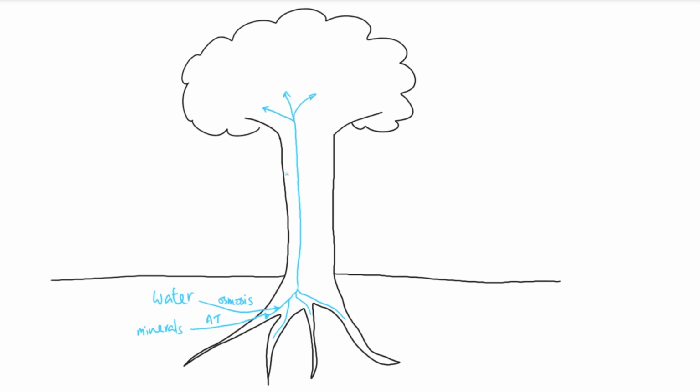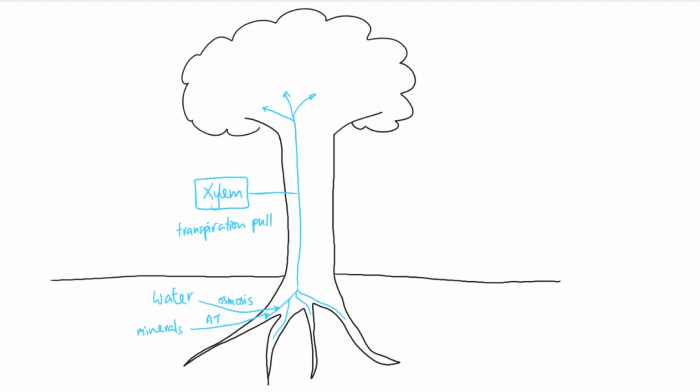So this is called the xylem, which is the vessel that transports water and mineral ions up the plant. Now this particular process is called the transpiration stream.